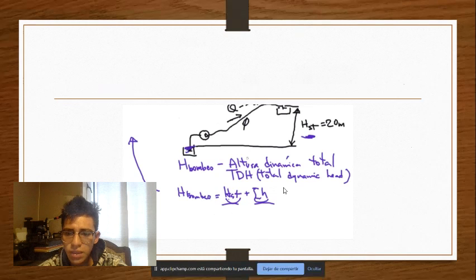It can be given in other units, but the most used is the international measurement system. We know the flow rate.